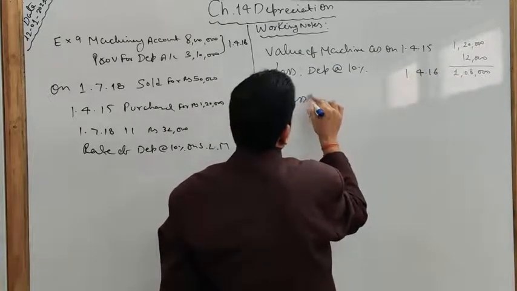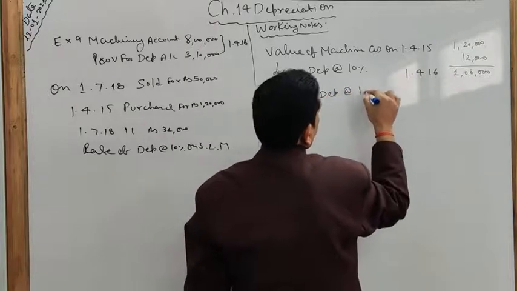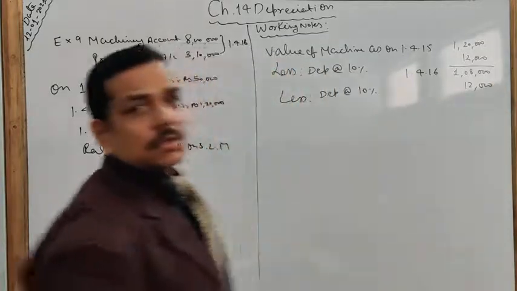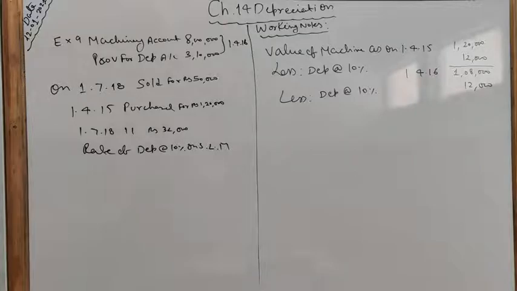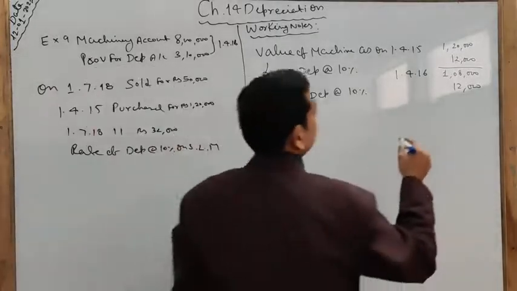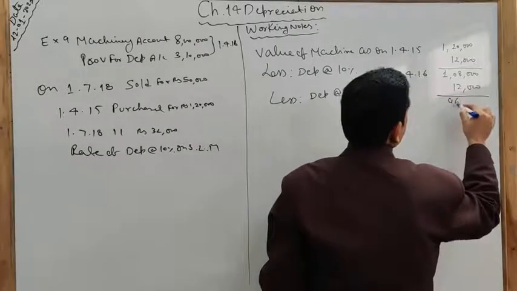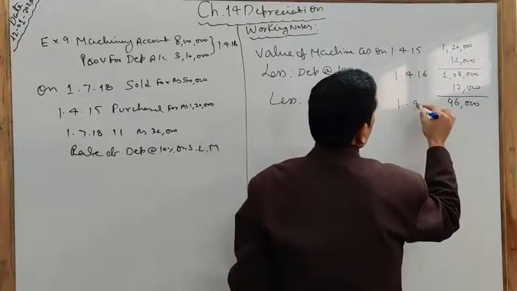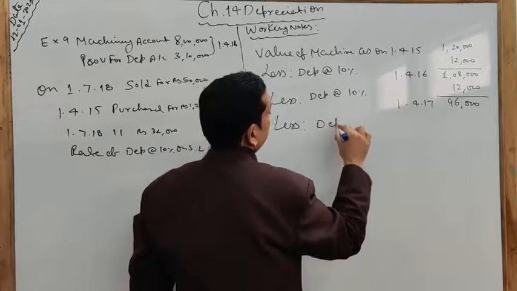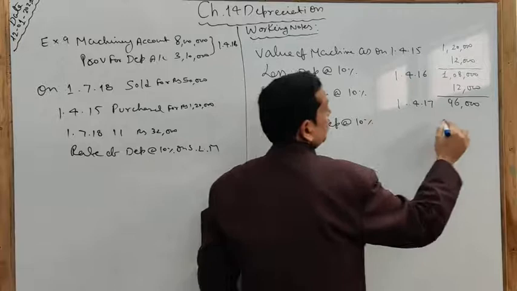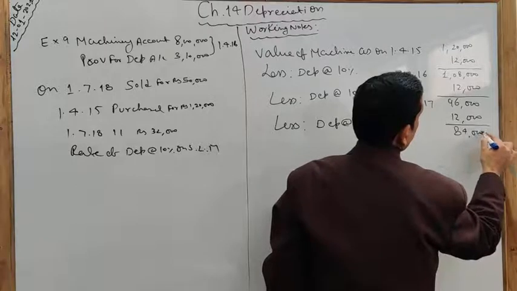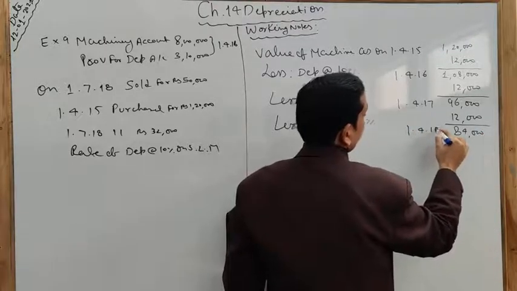Again less depreciation at the rate 10%, again 12,000. As this is SLM or original cost method, the amount of depreciation will remain the same every year. Amount is 96,000 and value as on 1/4/17. Now again depreciation for this year, 12,000. Amount is 84,000. Now value of our machine as on 1/4/18.